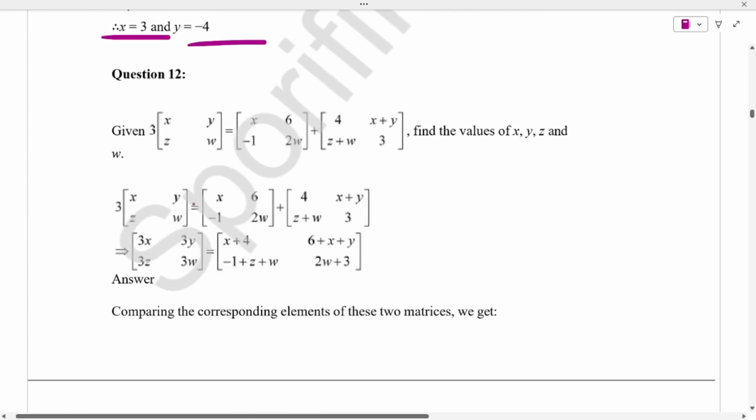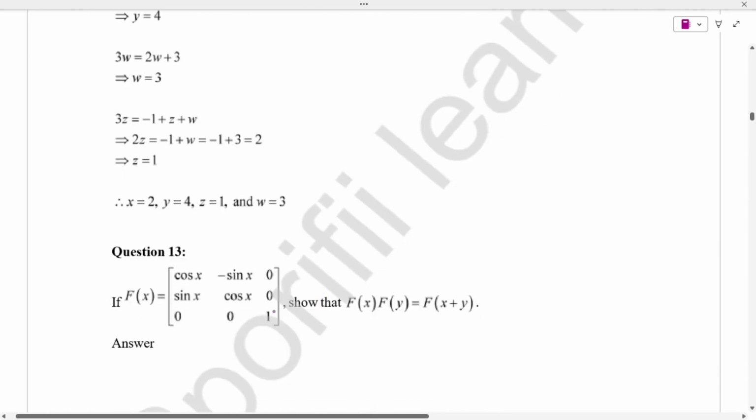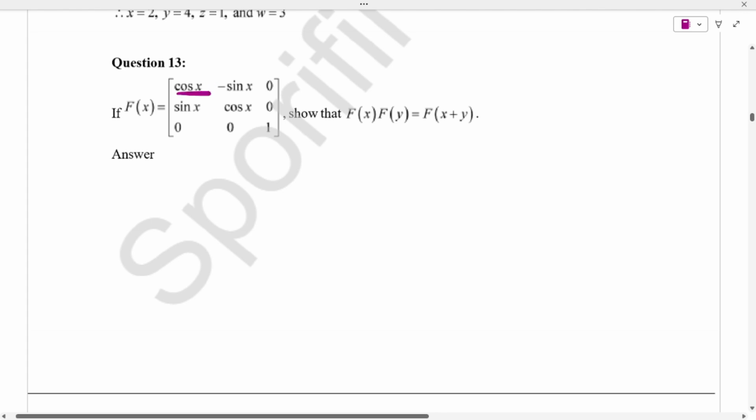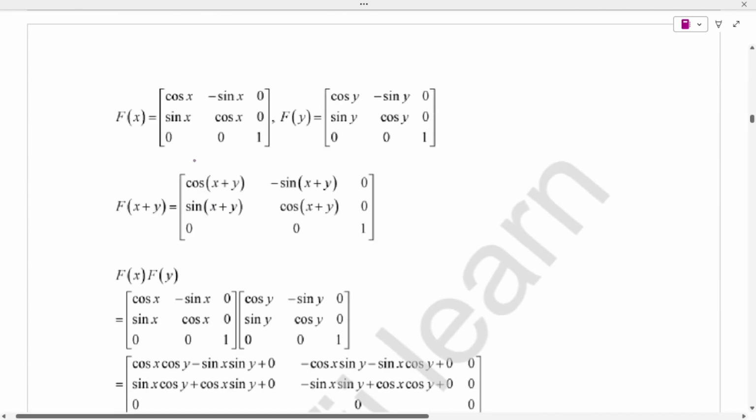Now if you want to solve this also, the same method you can follow, the same equation solving. F of x is equal to, they have given cos x minus sin x and some matrix. F of x into f of y will be equal to f of x plus y. To solve that, first you find out f of x and f of y. That means in place of x just substitute y.